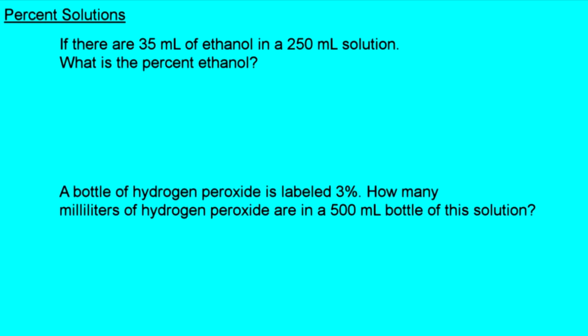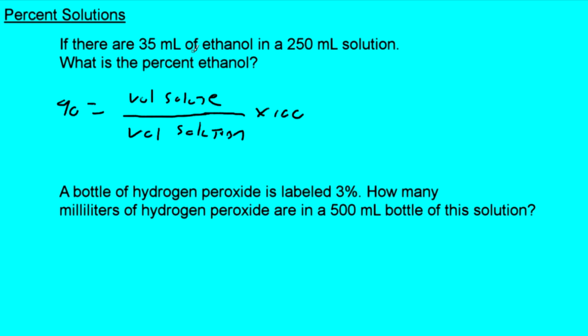All right, so here's a couple quick calculations on how to do this. If there are 35 milliliters of ethanol and 250 milliliters of solution, what is the percent? So our formula is percent equals the volume of your solute divided by the volume of your solution, times 100.